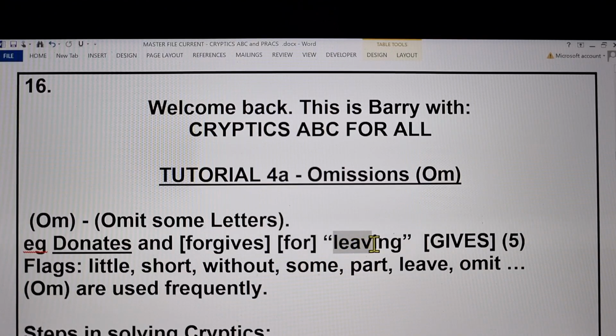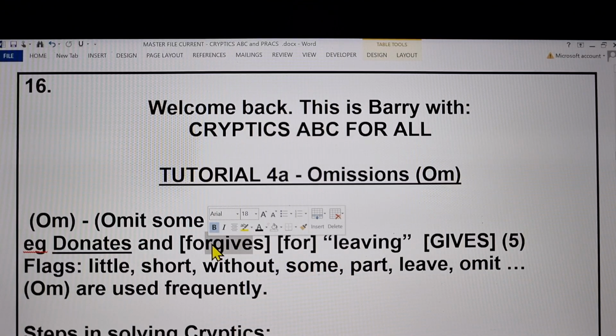"Leaving" is your omission flag, which tells you something is leaving something else. Something is taken from something else. So you usually have two fodders, where one fodder has letters that are taken from the other fodder. That's how omissions work. It's something you have to understand, otherwise you won't get them out.